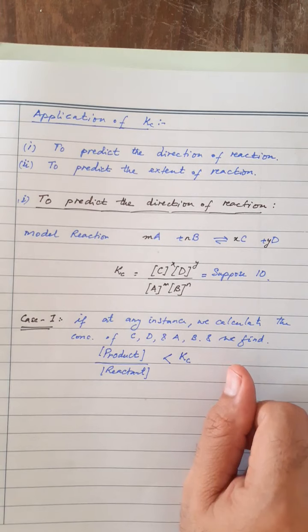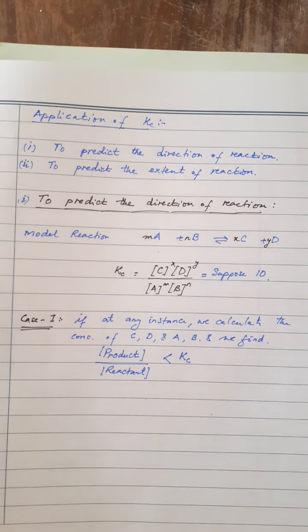Did you get me? At any instant of your reaction, you draw samples of C, D and A, B, you multiply their active masses and divide them, and the answer is not 10, it is 4, or let's say 5. It is less than the actual value of Kc, which is 10. Obviously, the ratio must reach 10, because when any reversible reaction starts, it goes from the initial state to the equilibrium state. The equilibrium state is when the ratio equals 10, and right now it is 4.